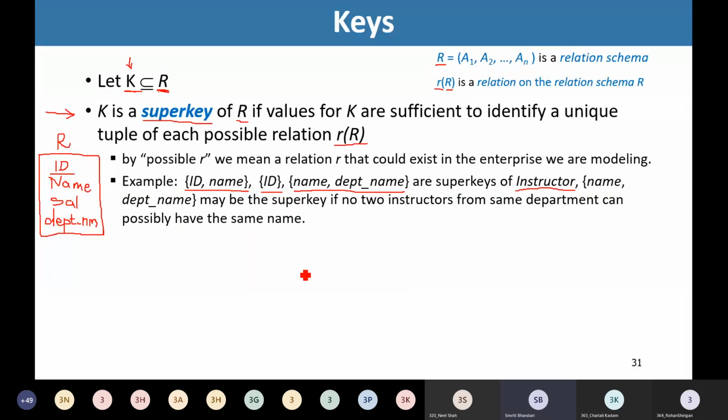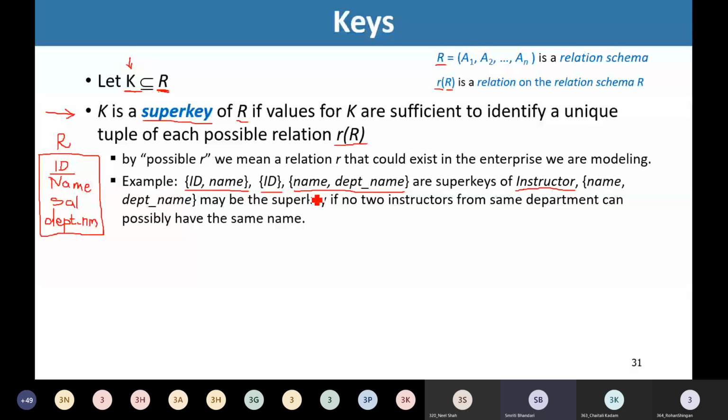ID name is a super key, only ID is also a super key, and name department name is also a super key. Whenever I say name department name is a super key for the instructor, I am assuming that no two instructors in the same department have the same name.